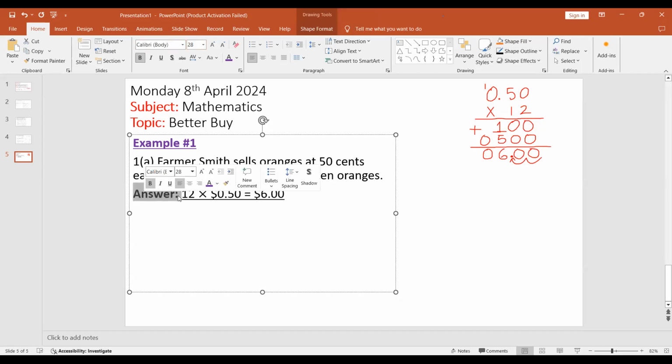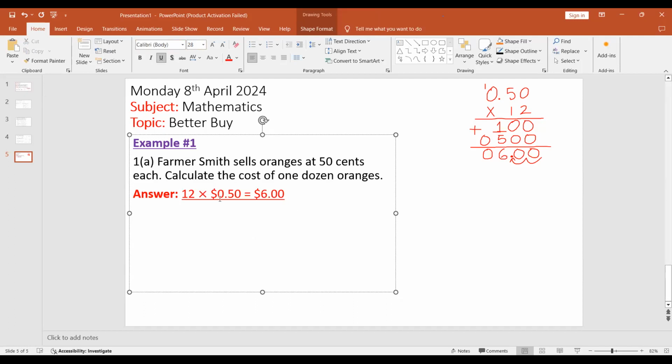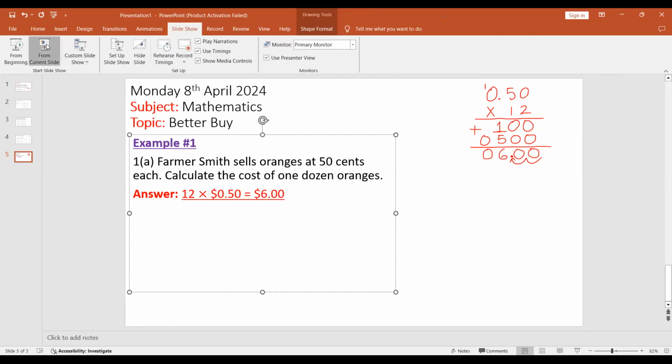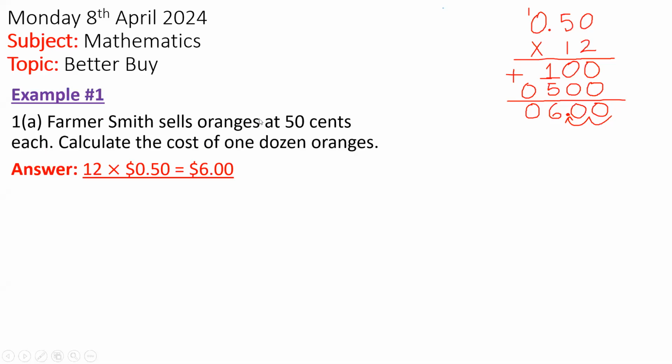Okay. So what did we do? All we did was multiply 50 cents, 0.5, by 12. Why do we use 12? What does a dozen mean? A dozen means 12, right?